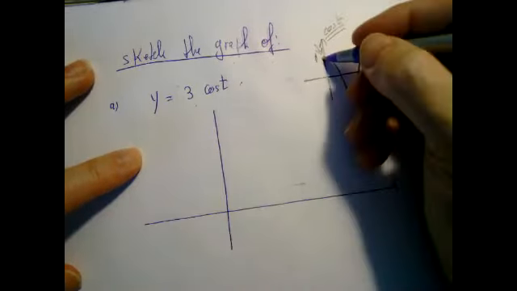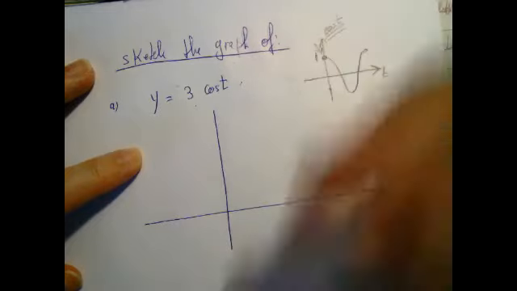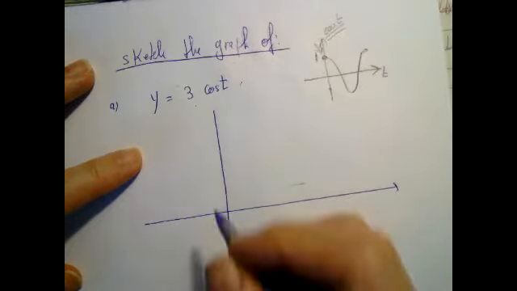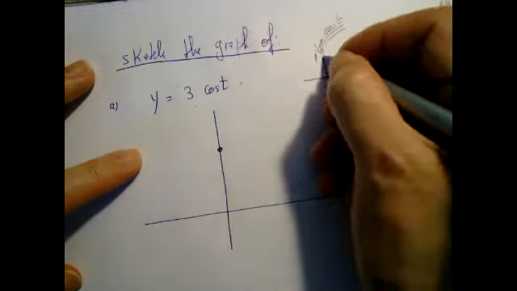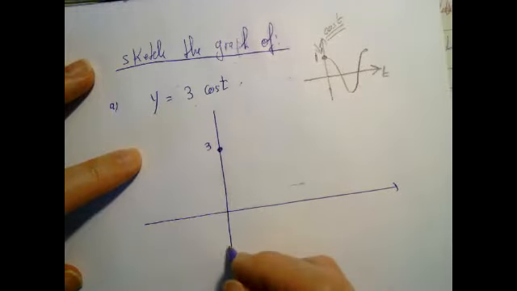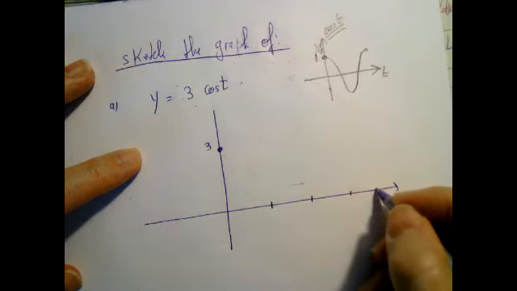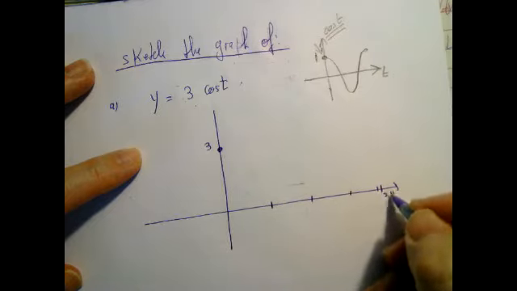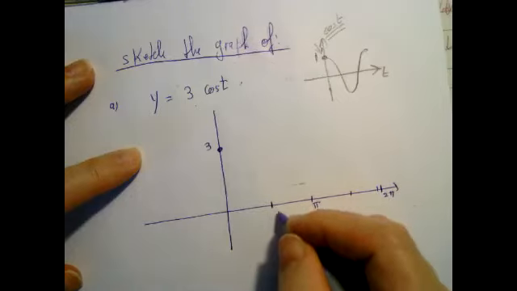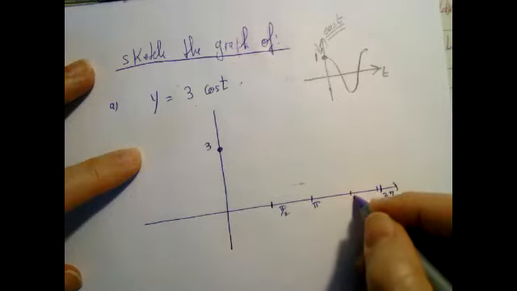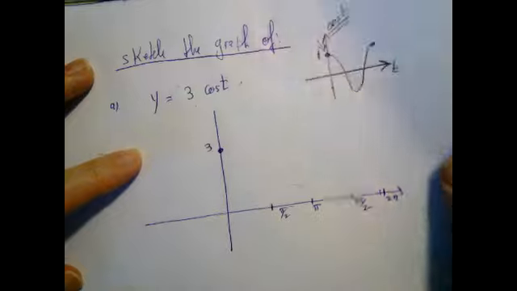It's just taking this cosine and stretching it by a factor of 3. So the 1 will be shifted to 3. So this is 2 pi, pi over 2, and 3 pi over 2.